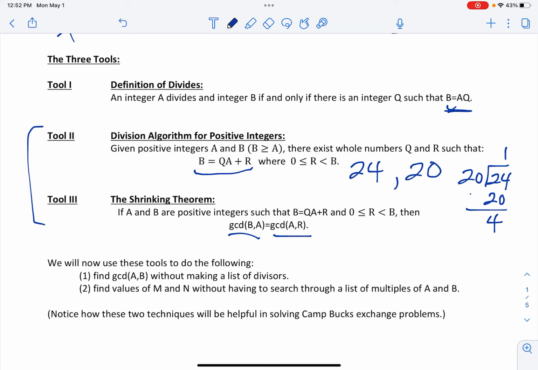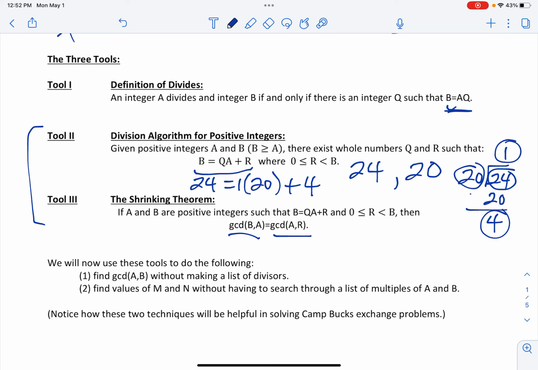So the division algorithm, I would write it like this: 24 is equal to 1 times 20 plus 4, right? That's all identified in this division problem.